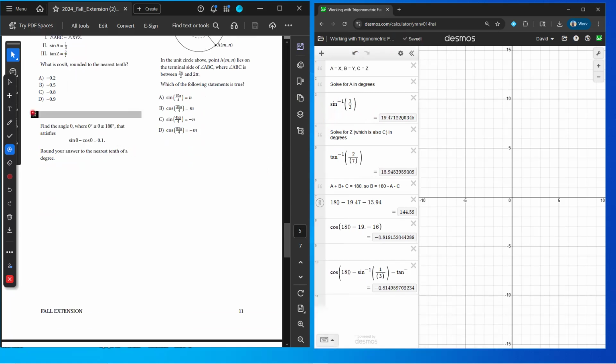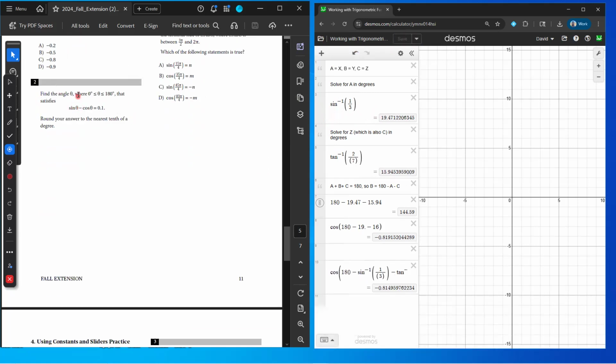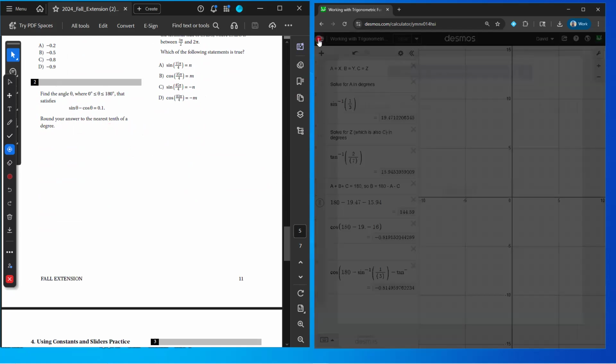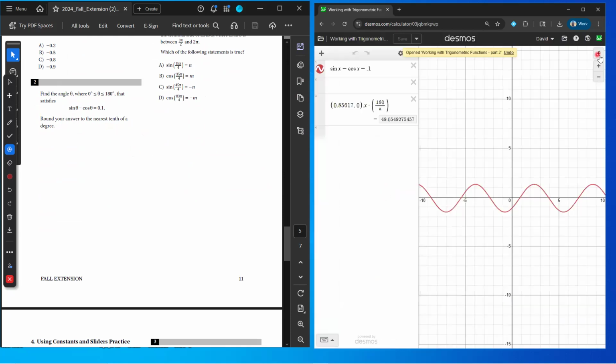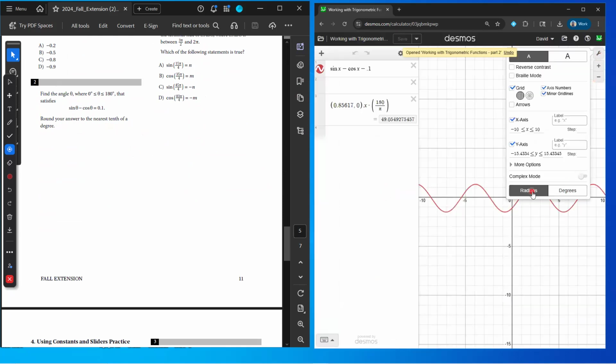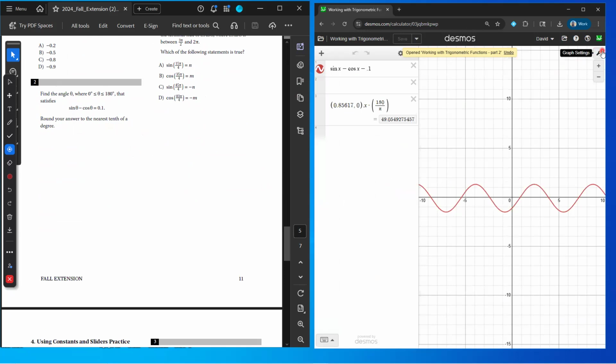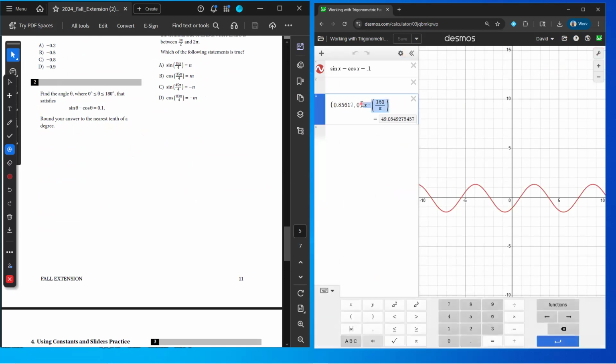Okay. Question 2. Find the angle theta where theta is between 0 and 180 degrees. So we probably want to have our answer in degree mode, not radian mode. All right, let's load it up. So once again, I'm going to turn this off for a moment.